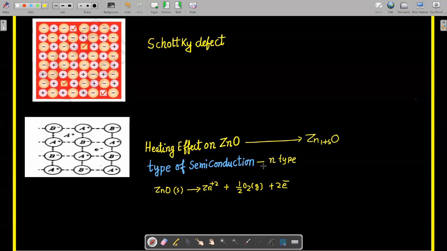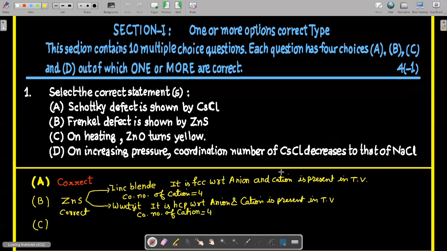In case of metal excess defect, there is n-type semiconduction. So this part is important here. On heating, zinc oxide turns yellow: this is a correct statement, and the explanation is that the electrons present in interstitial positions get excited when light is incident, and then when they de-excite, they emit energy in the visible range, which has yellow color.